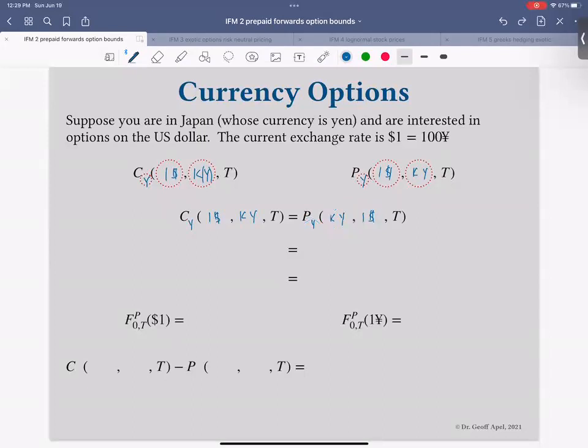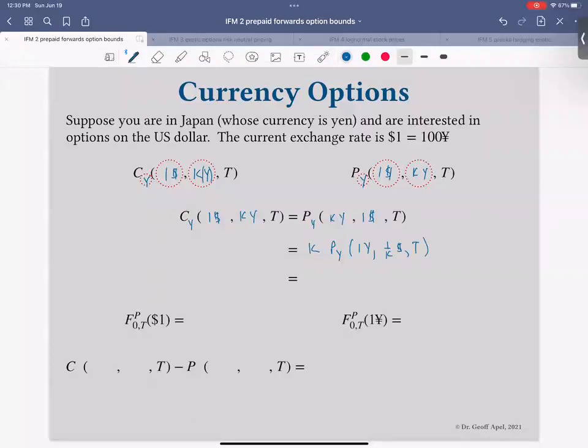The other thing is that I really need this to be 1 yen and not K. That's actually the easiest one to fix, kind of like we did before. I can scale these things nicely: 2 calls on 1 stock is just like 1 call on 2 stock. So I'm going to factor out the K. Instead of one put on K yen, it's K puts on 1 yen, dividing a K into each of these, so I'm going to have 1 over K dollars.